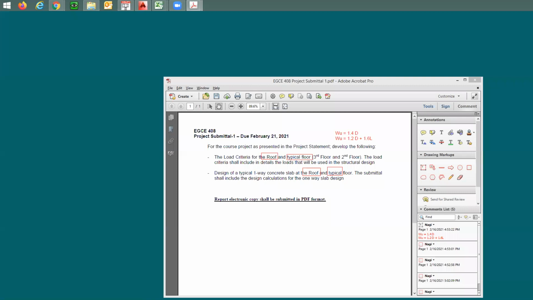So we have to do a design for both the max positive moment and the max negative moment. This is correct. Just 2 values. In the example we did at the beginning of the class, there was only 1 value, because it was only positive. We considered only the simply supported case.